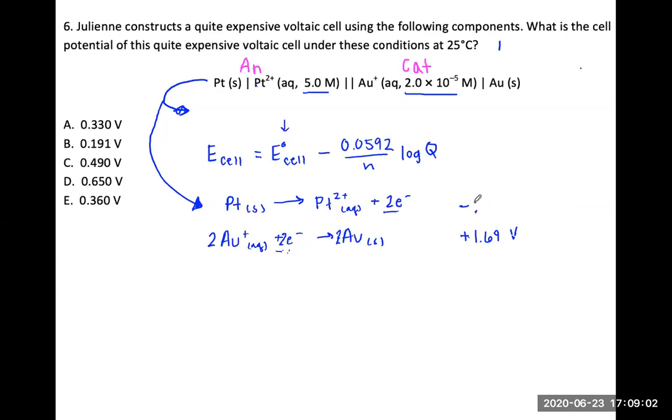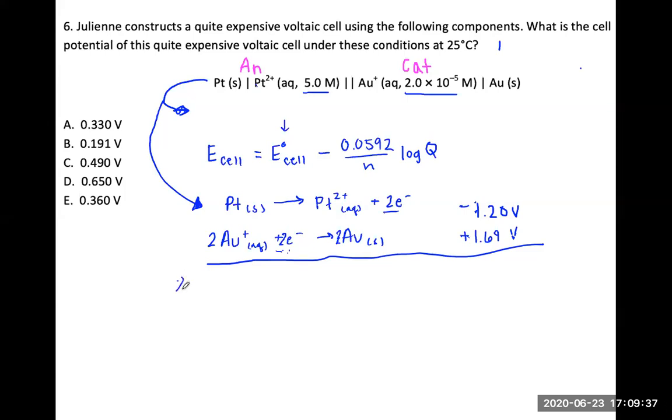And it will be negative 1.20 volts. And so then I can just go ahead and combine these 2 reactions and combine their potentials, and I'll get my overall reaction and my overall cell potential.